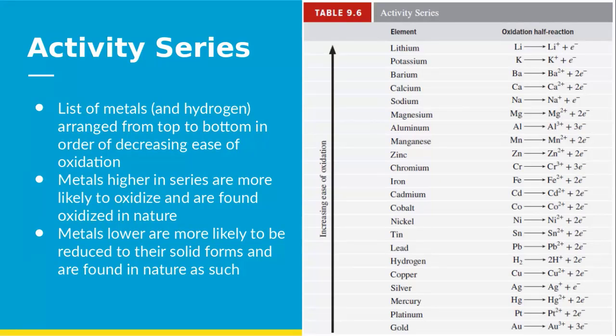It's not found in its ionic cation form of gold 3+. Same with platinum, same with mercury, which you find in thermometers, silver, copper, all these things. All these metals, especially toward the bottom, are found in their elemental forms. They're not found in their cation forms, and that's because they are so low in the activity series. And then the ones higher up, like potassium.